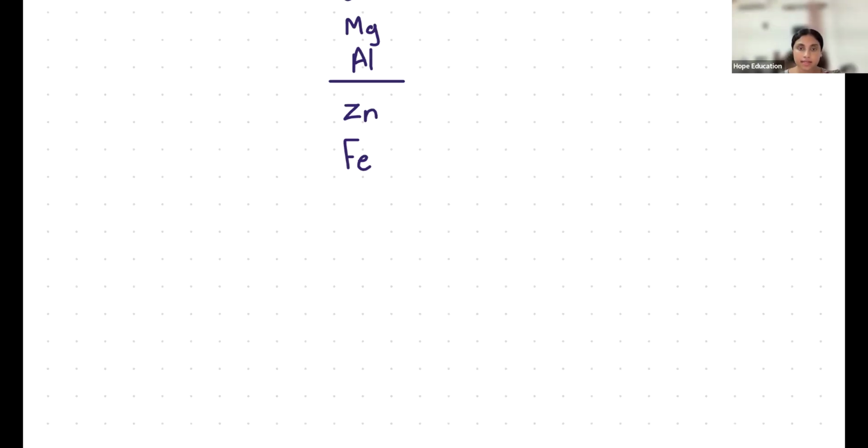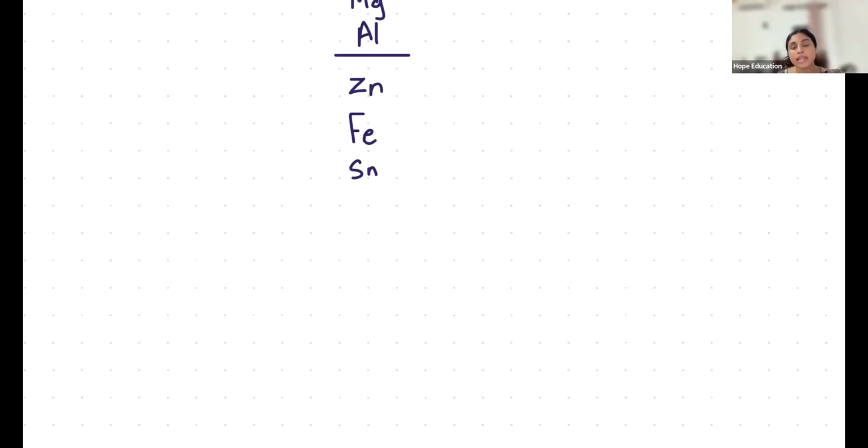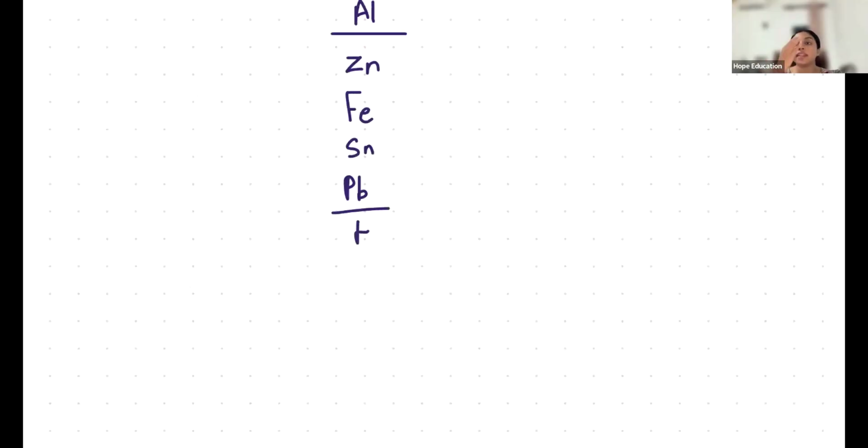Tin is Sn, yes. Then lead is Pb. Next there is hydrogen. Hydrogen is the only non-metal present in the activity series. It is there just as a reference. Okay? So hydrogen is just there.